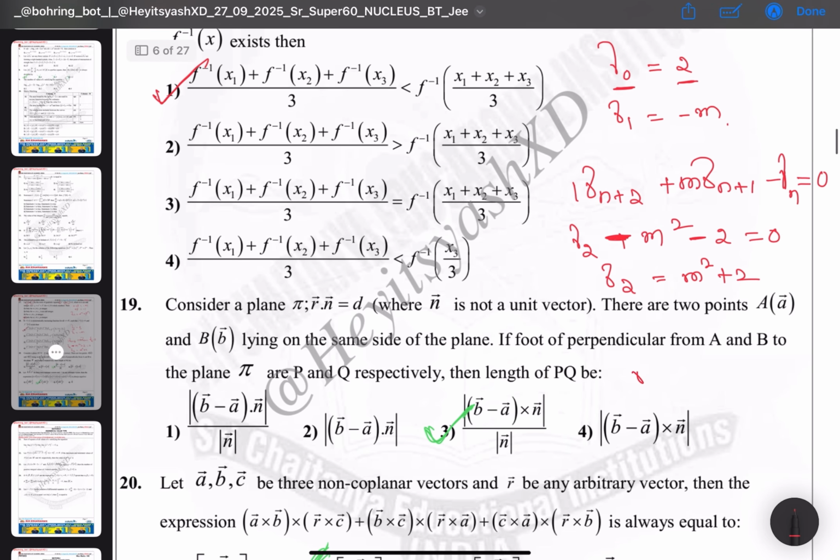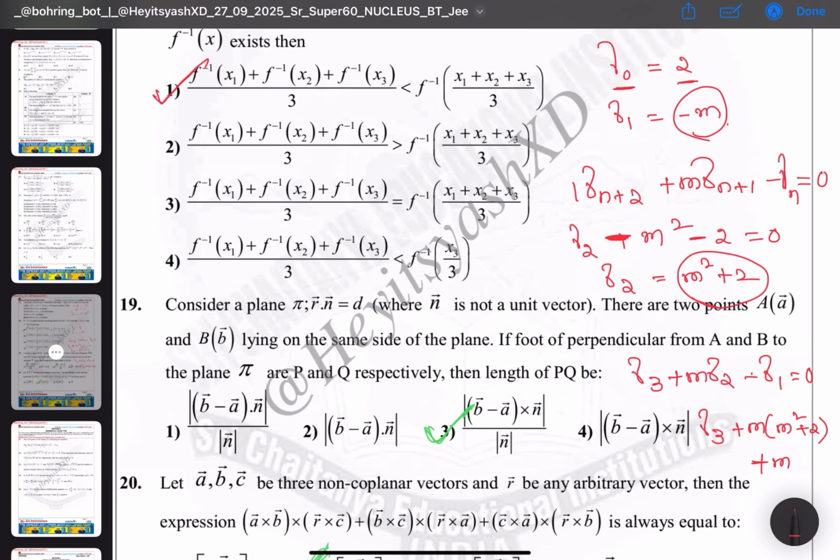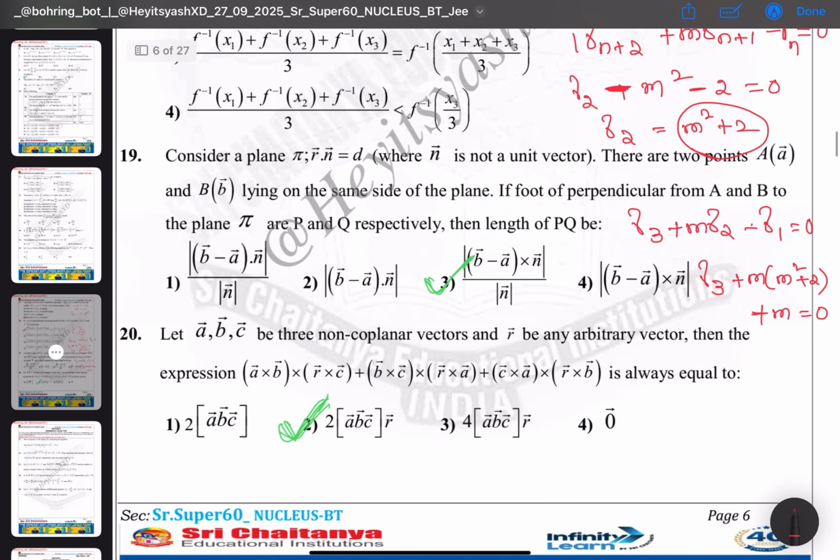Now similarly, gamma 3 plus m gamma 2 minus gamma 1 is equal to 0. So gamma 3 plus m gamma 2, which is m square plus 2, minus gamma 1, which is minus m. So this will be plus m, and this is equal to 0. So gamma 3 is minus m cube minus m.